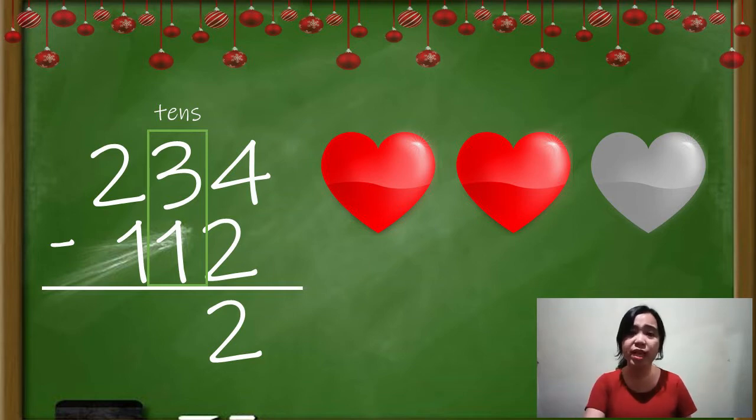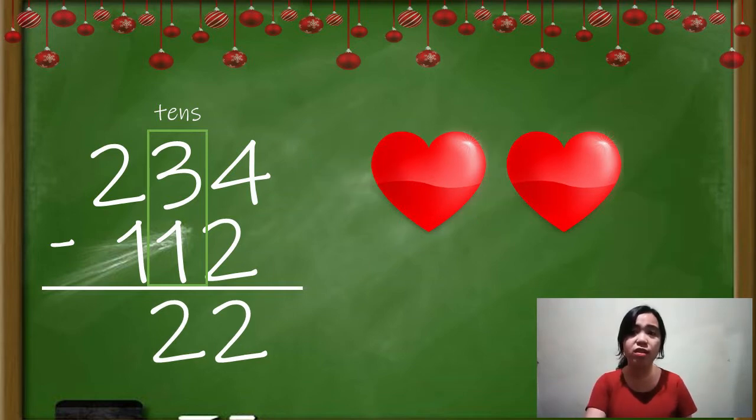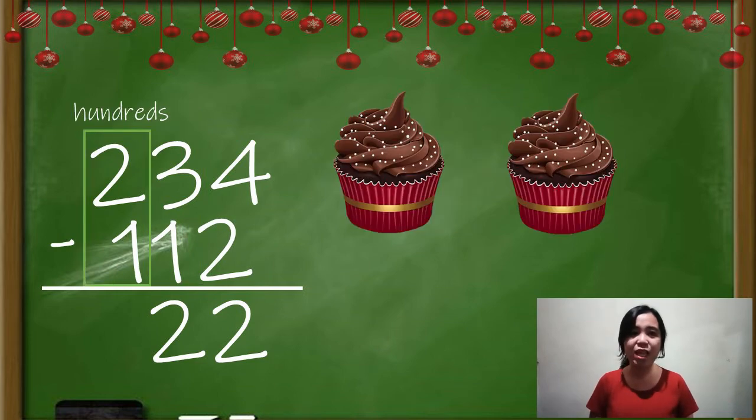So what will be the answer? Yes, 2 hearts. So therefore, in the tens value, 3 minus 1 is equal to 2.